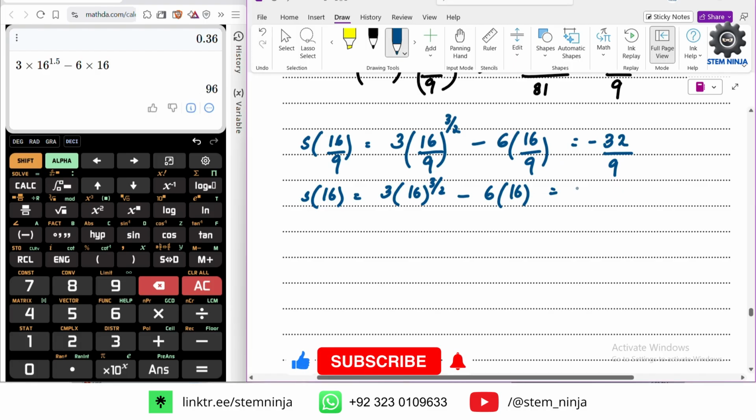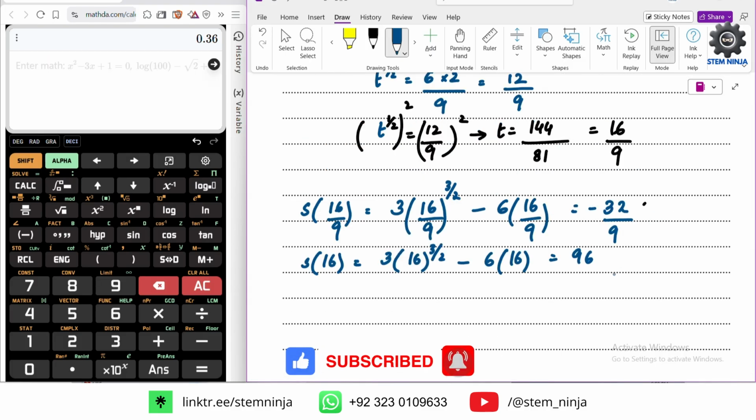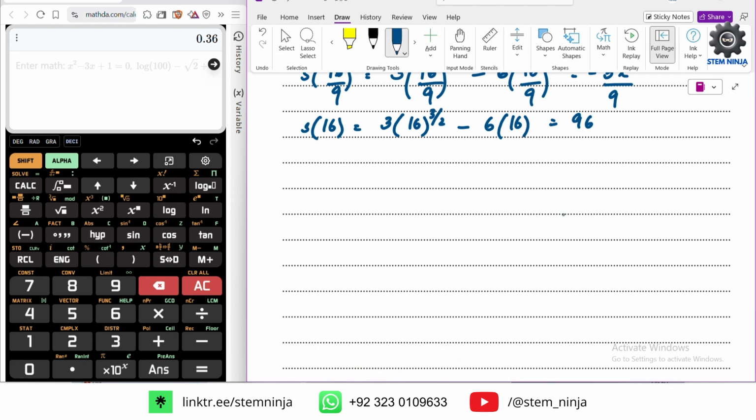This is 96. Now to understand how to go further than this: let's say this is the graph over here. From 0 to 16 over 9, the area is negative, and this is the area that is positive. The net area, that means the positive area minus the negative area, when we add them, we get 96.